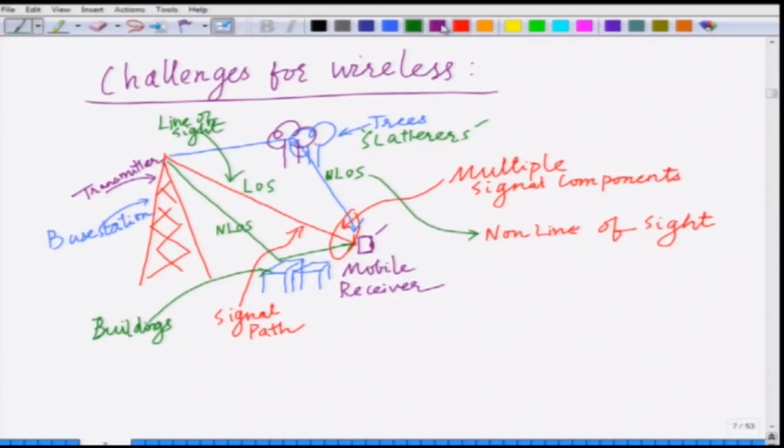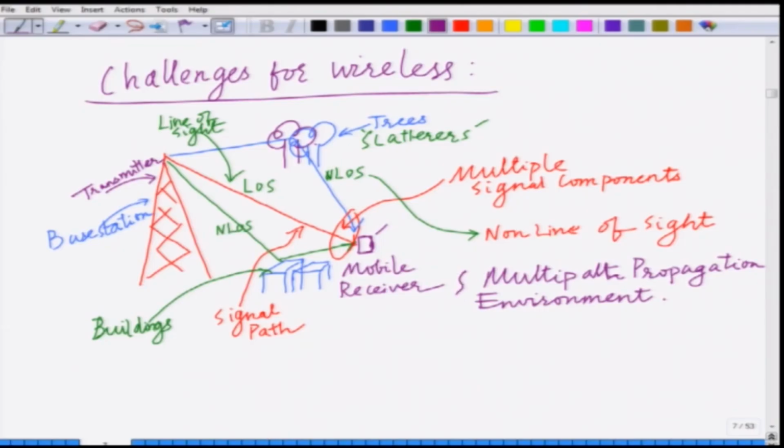So this is a multipath propagation environment, and therefore what we have in this environment is the superposition of these multiple radio waves, or multiple electromagnetic waves, or multiple radio signals.